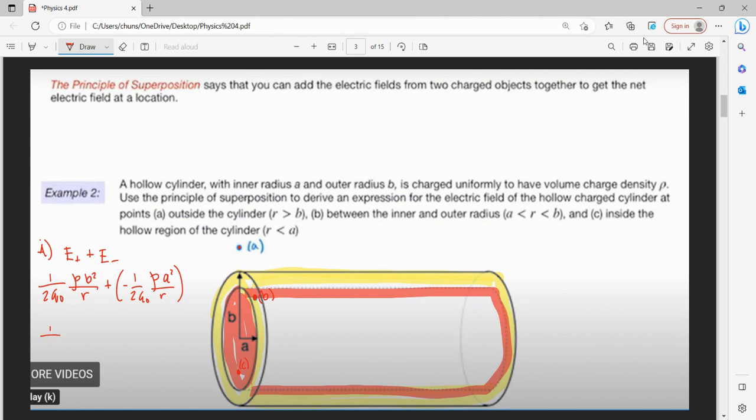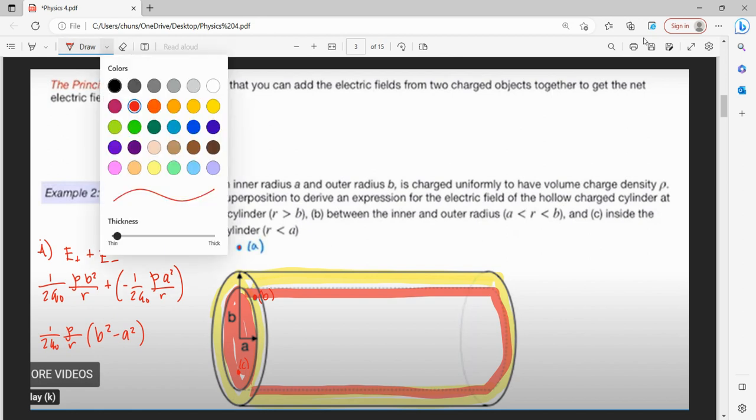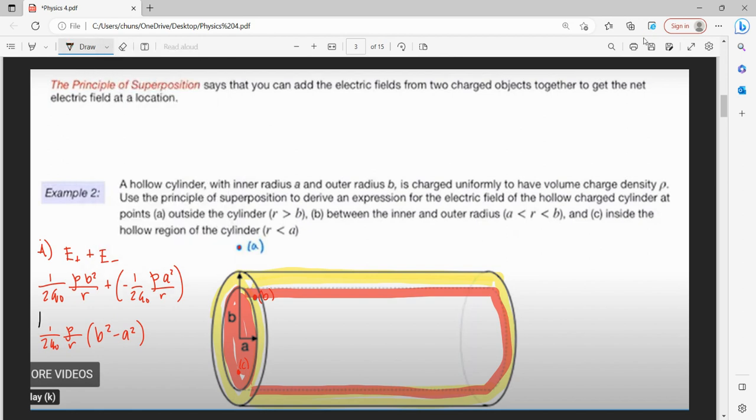And if we simplify this out, this is 1 over 2 epsilon 0 rho over r, times b squared minus a squared. So that is our first equation when measuring outside both of our surfaces.